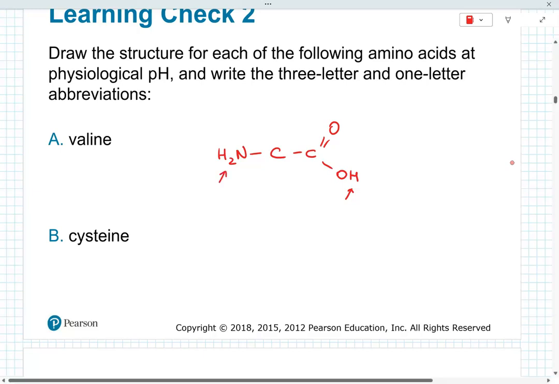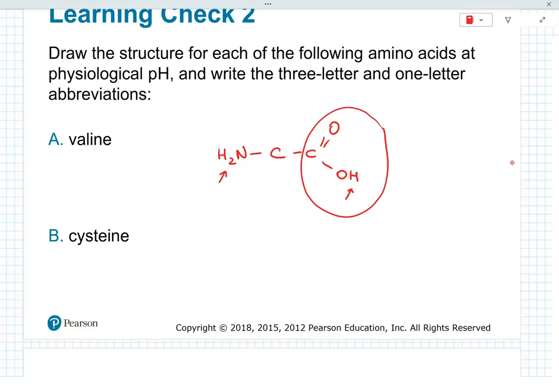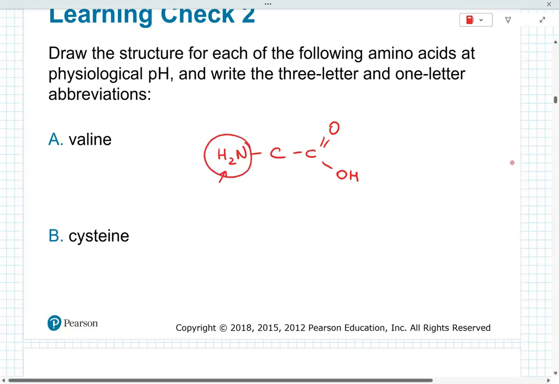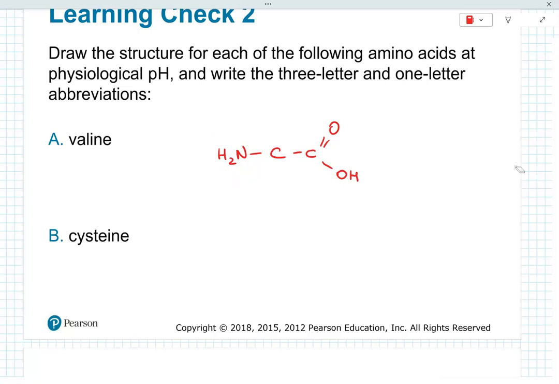I do it to tell you something, to illustrate something. This is an acid. Does everybody agree with me? It's an acidic group. So acid, what can it do with a proton? Acids, do they give protons or do they accept them? Give. This is a base. What do bases do with protons? Accept.